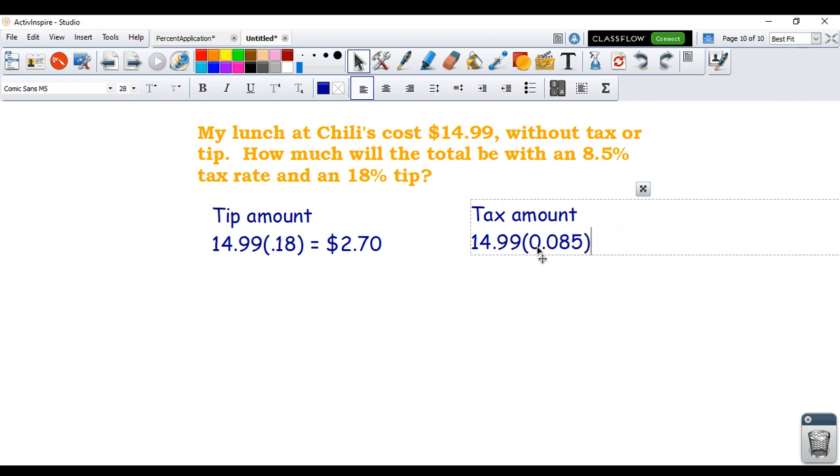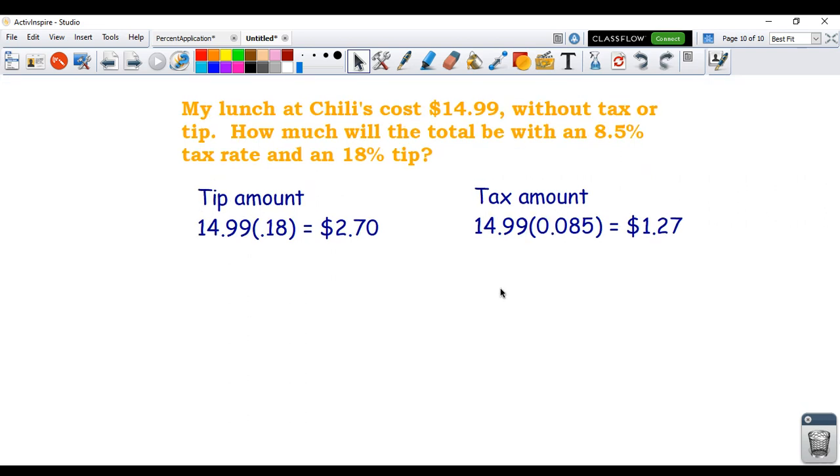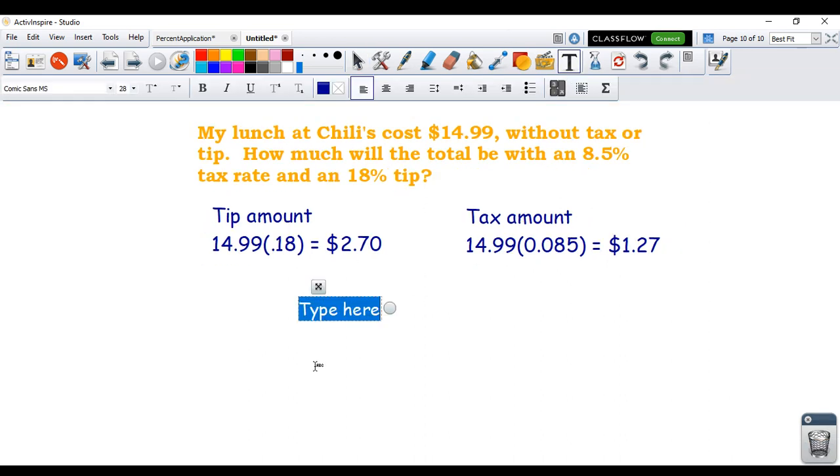Okay, so you take $14.99, multiply it times your 8.5%, and that's going to give you your sales tax amount, which is $1.27.